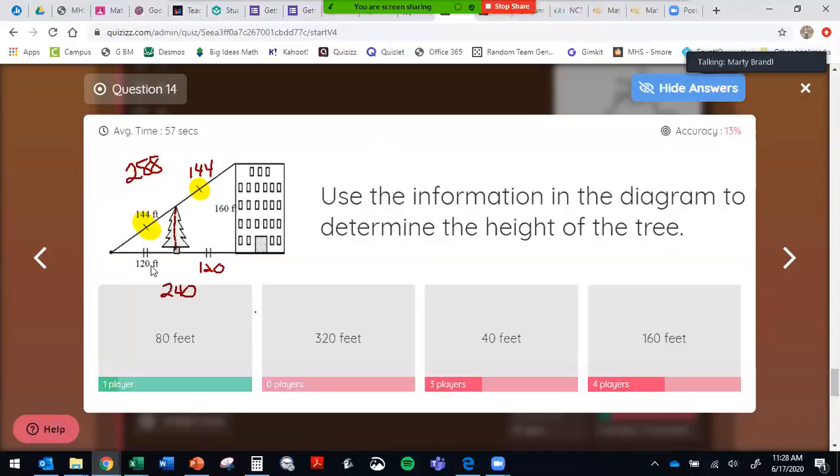So we can set up a proportion, and remember the key for setting up a proportion is that we are consistent. We've got two triangles. We've got this one right here, and then we've got this one right here, okay? So I'm going to set up a proportion, and I'm gonna use the small triangle, and I'm gonna put the height, which is what I'm interested in, right there.